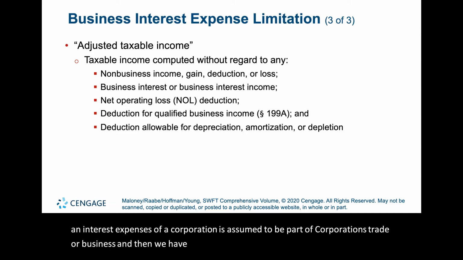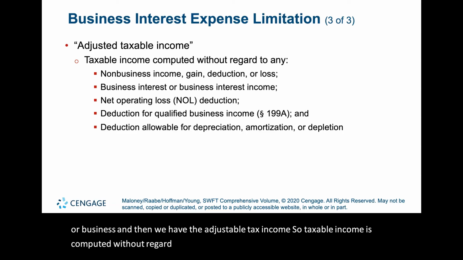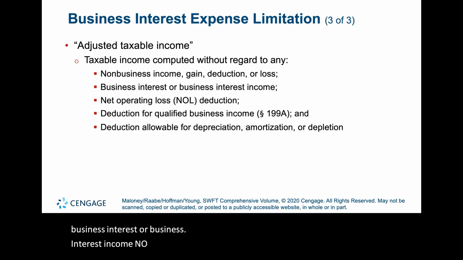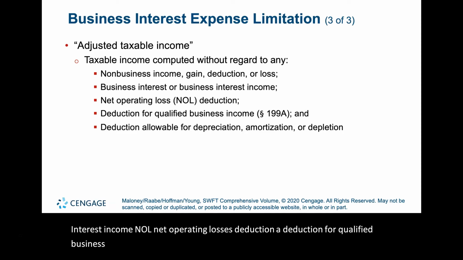So taxable income is computed without regard to any non-business income, gain, deduction, or loss, business interest or business interest income, NOL, net operating losses deduction, a deduction for qualified business income, and lastly, a deduction allowable for depreciation, amortization, or depletion.